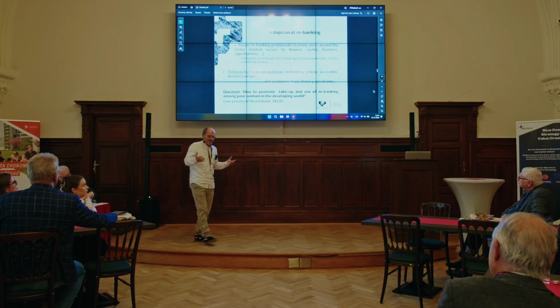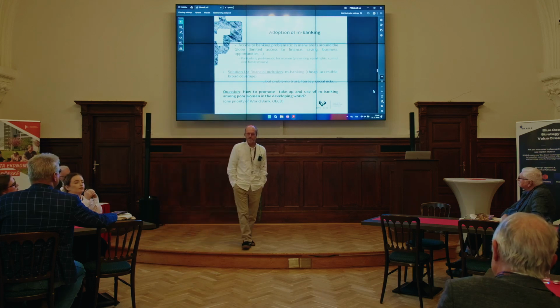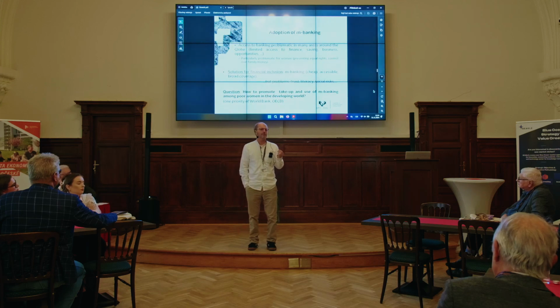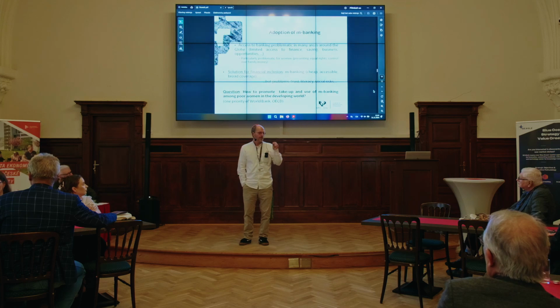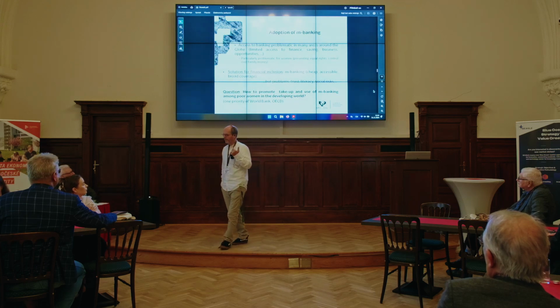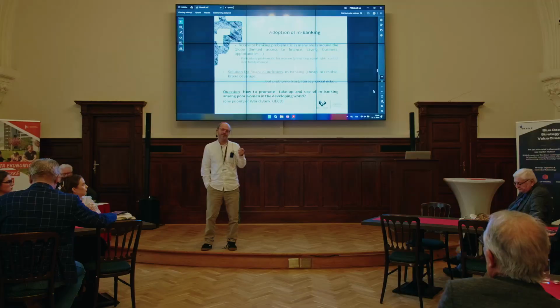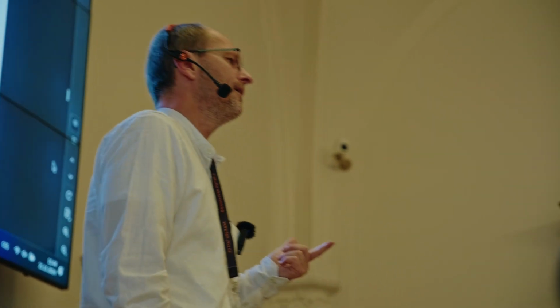From the beginning of this century, we know very well that there is one very simple solution: mobile phone banking. Why? Well, I think last year 96% of the planet where we have people had phone coverage. If you travel in the developing world, people have better cell phones than I have.